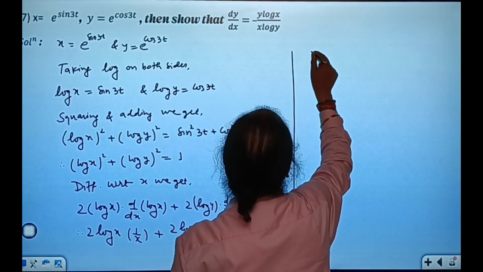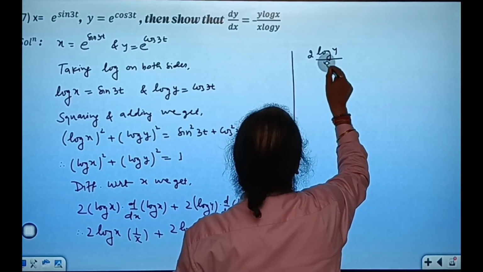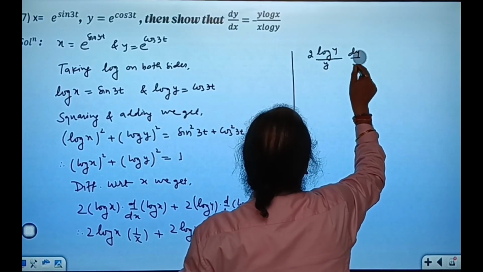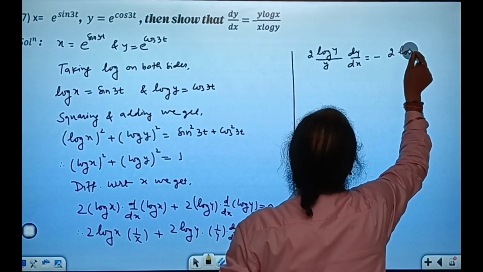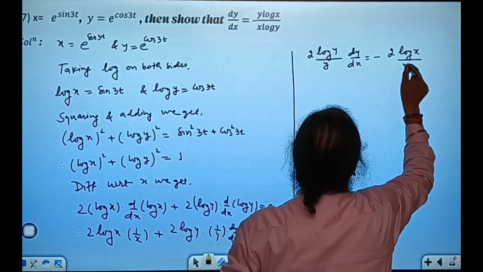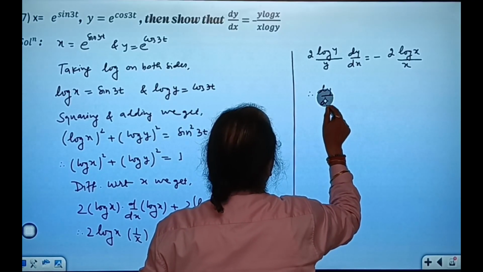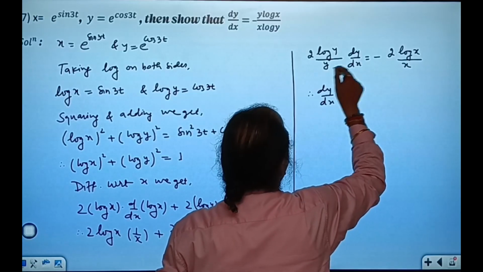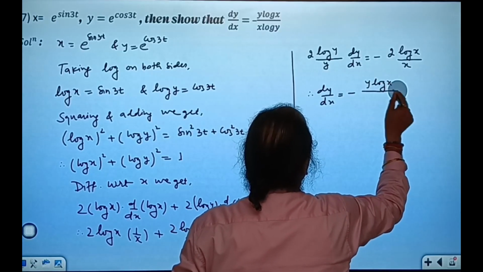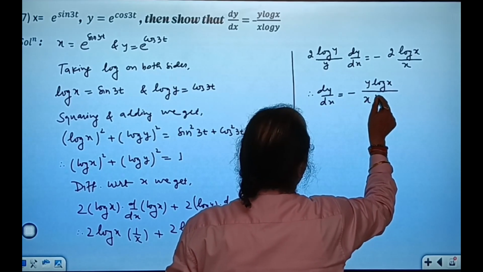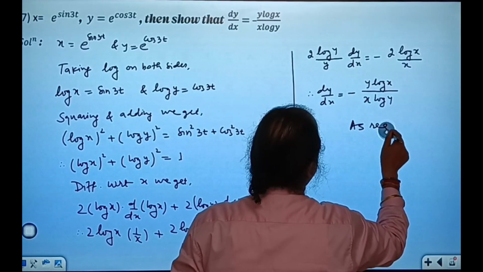Therefore, 2 log y upon y dy by dx is equal to minus 2 log x upon x. 2 to cancel. So dy by dx is what? Minus y will go up and log y will come down, as required.